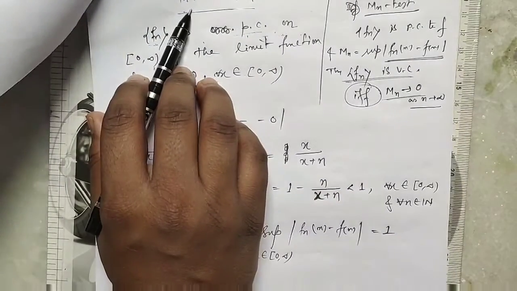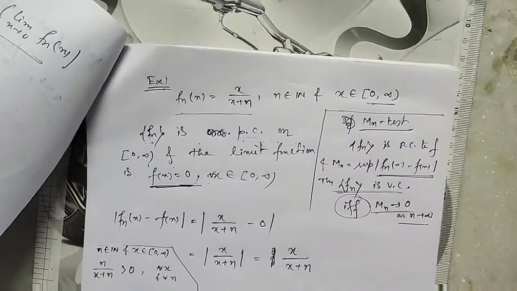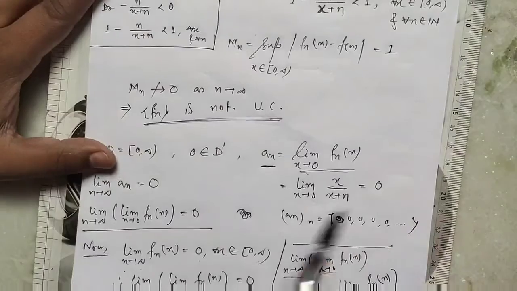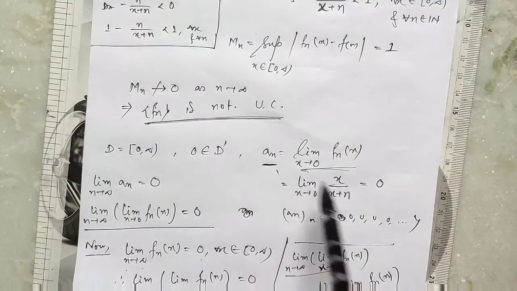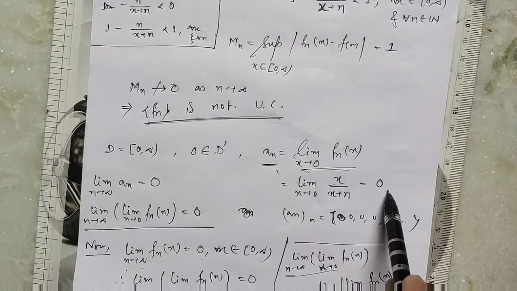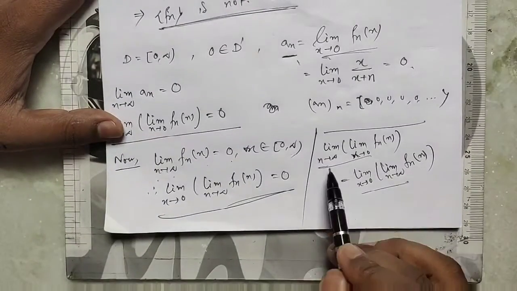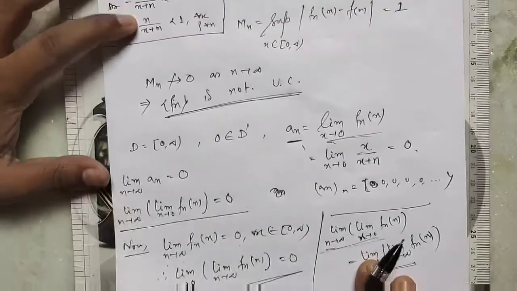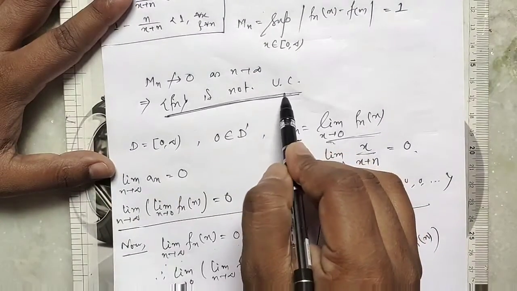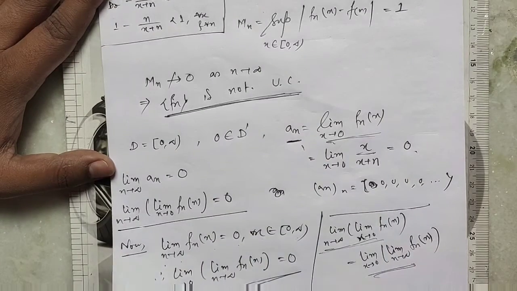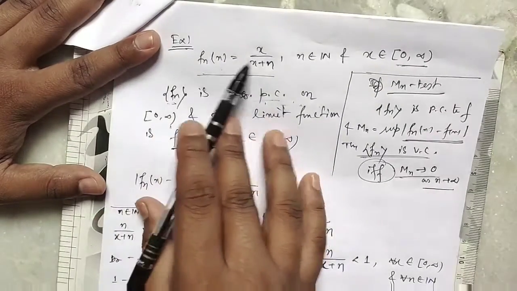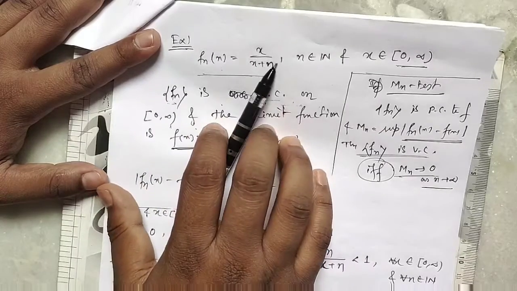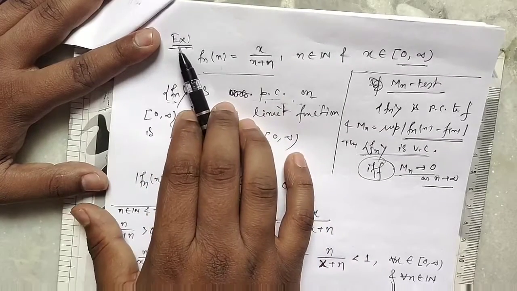In this example we see that an is convergent and the limits are also interchangeable, but the sequence of functions is not uniformly convergent. So this is the example to prove that the converse of the above theorem is not true.